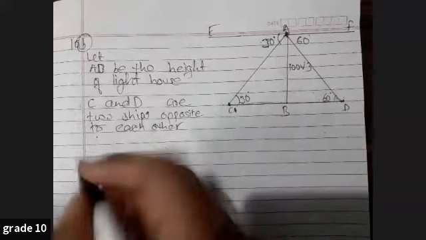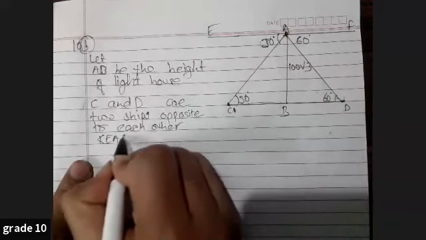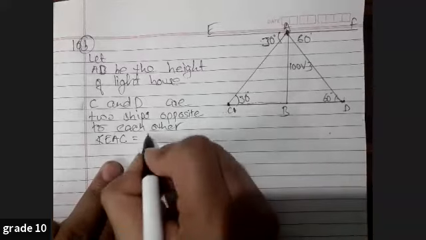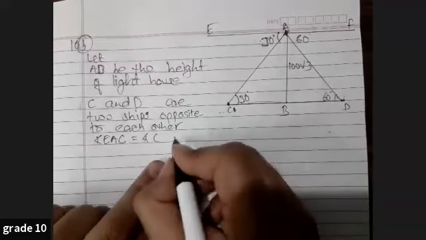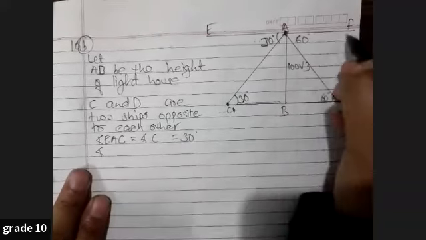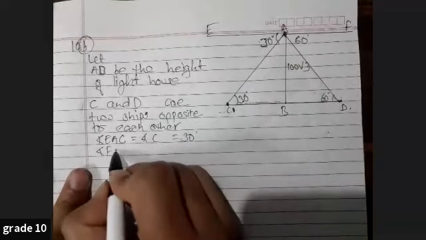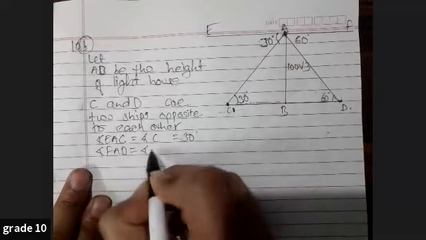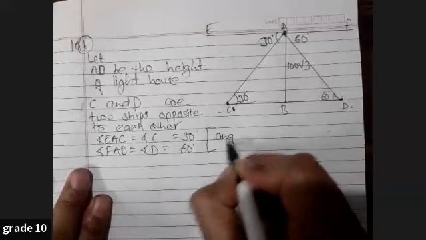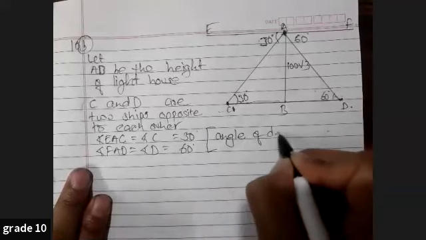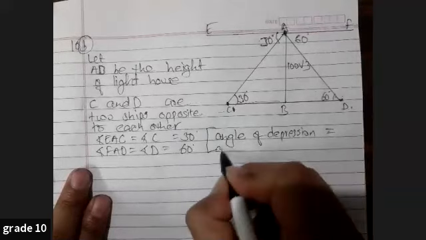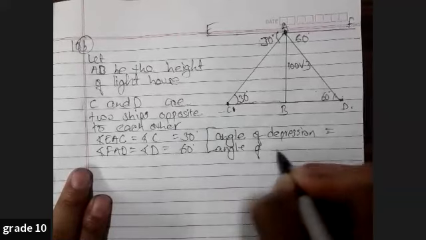So angle EAC is equal to angle C, which is 30 degree. Angle FAD is equal to angle D, which is 60 degree, and angle of depression equals angle of elevation.